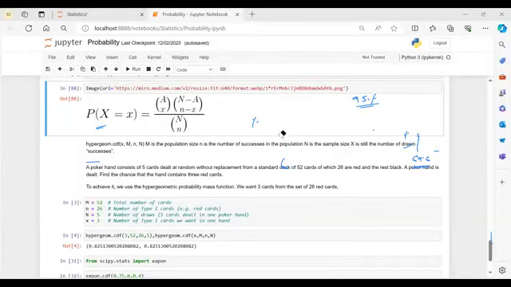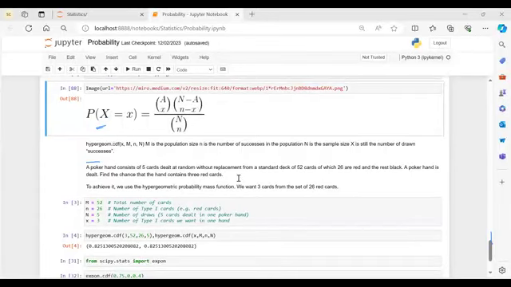Okay, so now we'll talk about this hypergeometric. As I mentioned, you need to know the population size and the number of successes in the population, and the sample size and the number of successes in the sample. So let's take this example. A poker hand consists of 5 cards dealt at random.